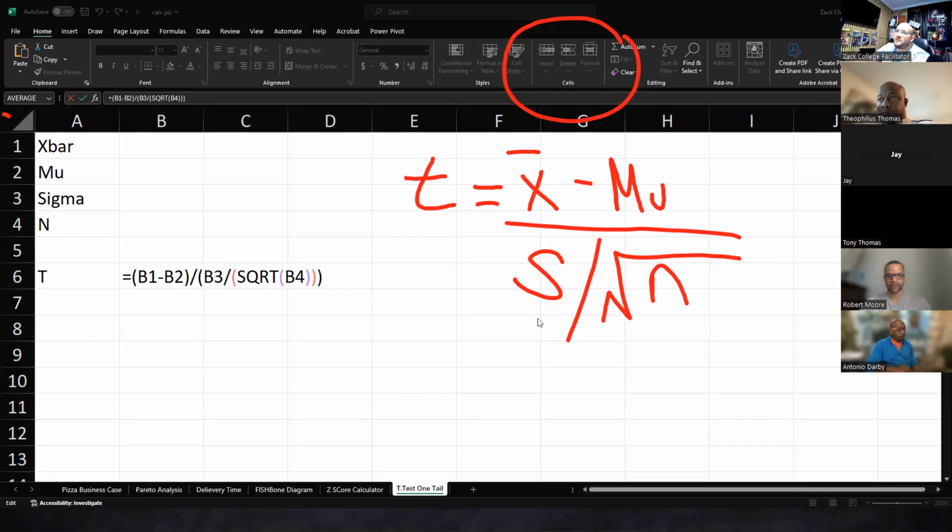And I just would rather you guys have that because that's going to help you, especially if you're trying to do a one-tailed test. Now, I really don't utilize this method.